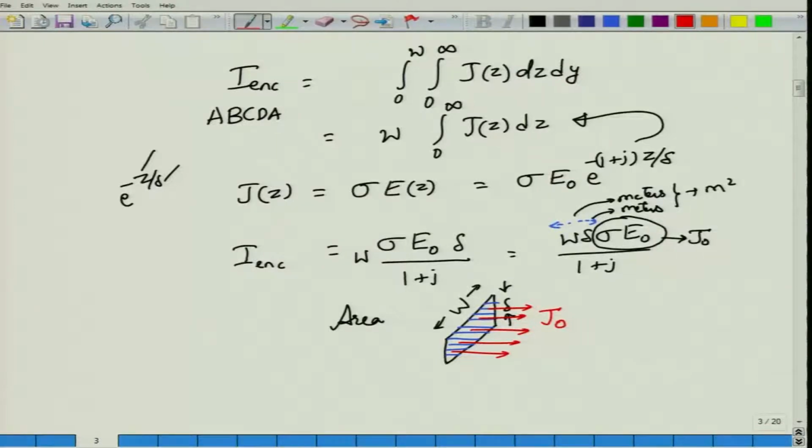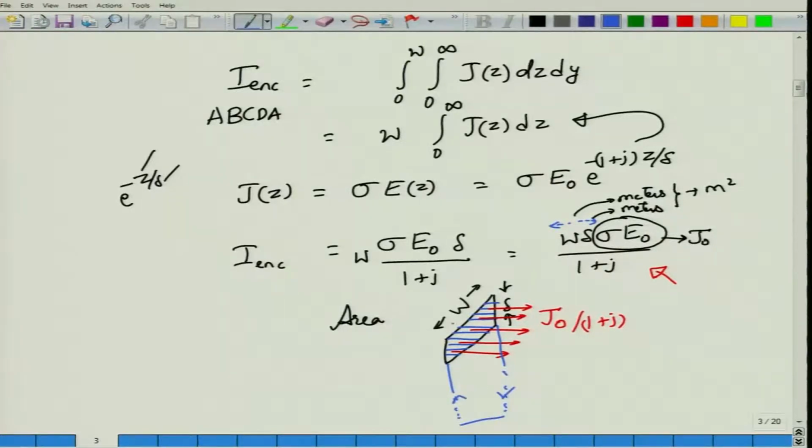But if you really want it, you can also consider this to be a complex J0 by 1 plus j. But otherwise the point is that over this cross sectional region, the J vector is uniform, or you can think of this current coming off as a result of the uniform current flowing only in this thickness, rather than the current that actually obtained by going all the way to infinity and coming back.